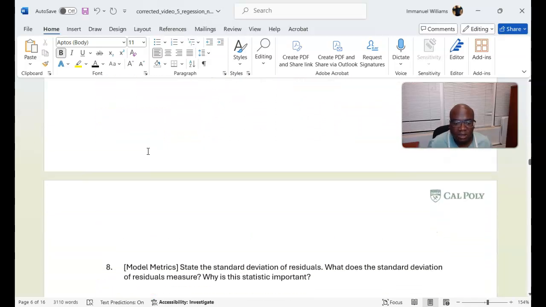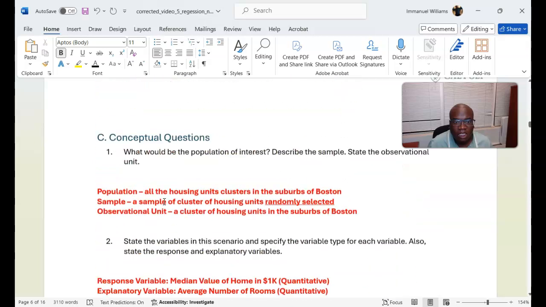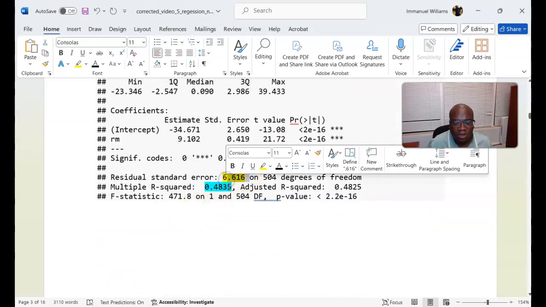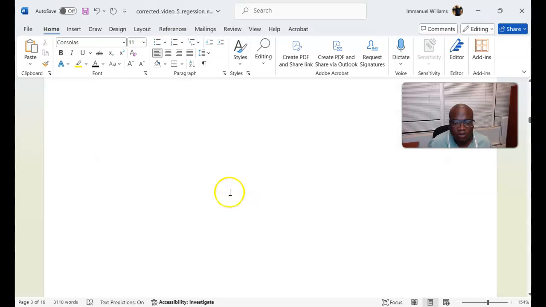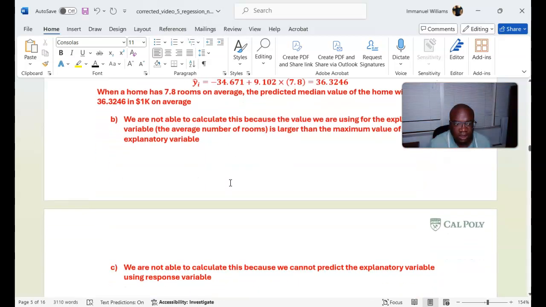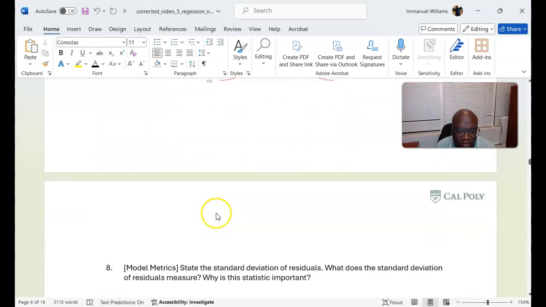Okay. So again, remember when I was saying how we had to determine how well the model performed, and we looked at these two values, 6.616 and 0.4835. That's what's going on here in this next question, question 8. So state the standard deviation of residuals.